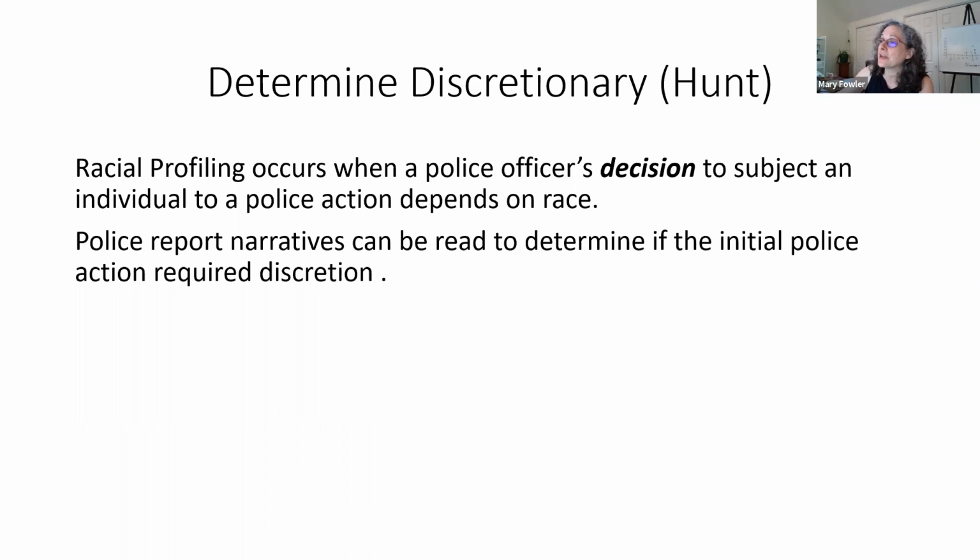So police narratives can be read to determine if the initial police action required discretion, because it's really the discretionary police actions which show the police officer's decision to subject the individual to the police action.